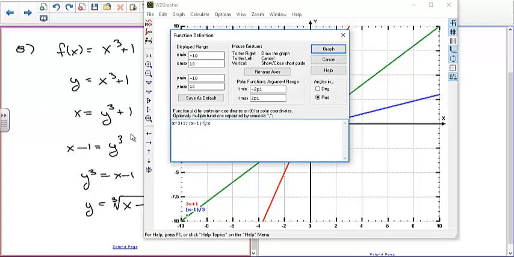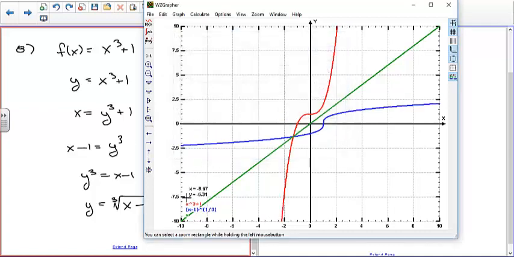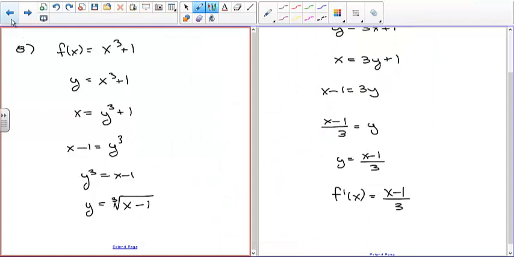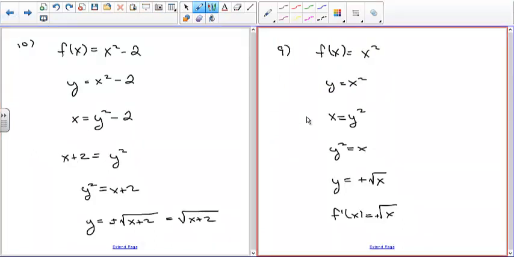You can put the 1/3 in parentheses. So there it is. Interesting looking function. So that works out good. Notice that none of these had limitations on the domain. These next two do, so let's see how that differs.